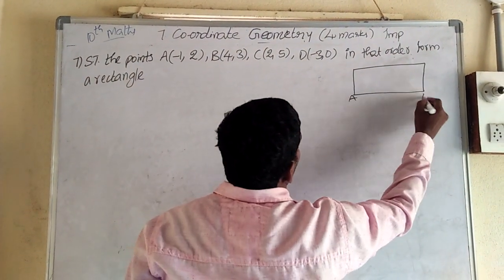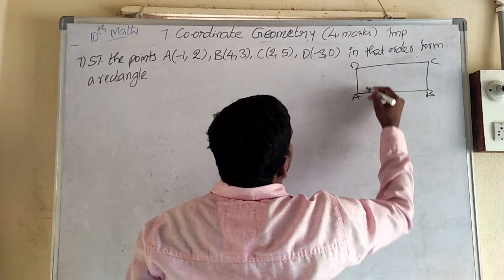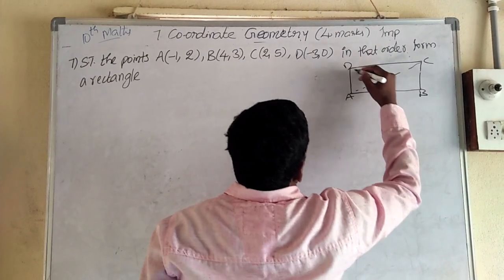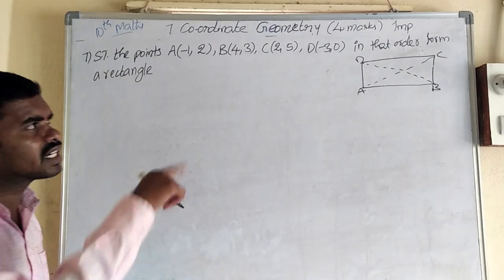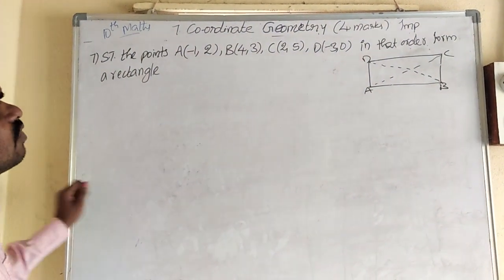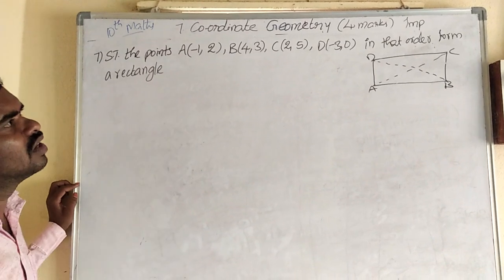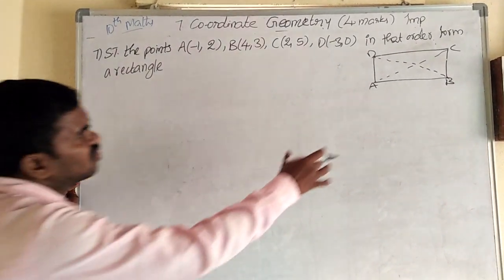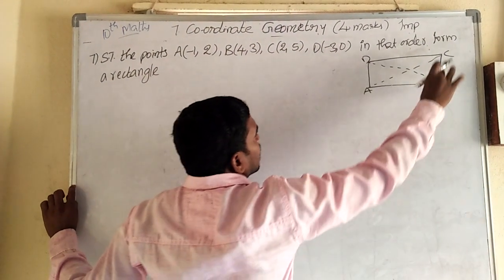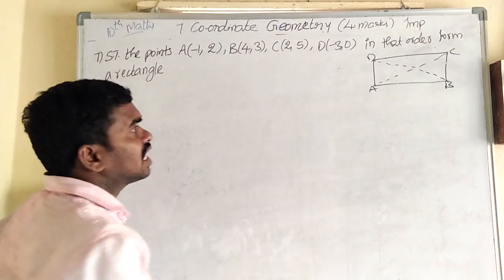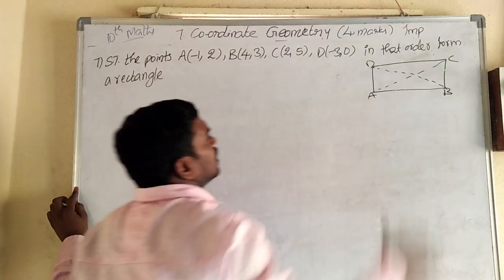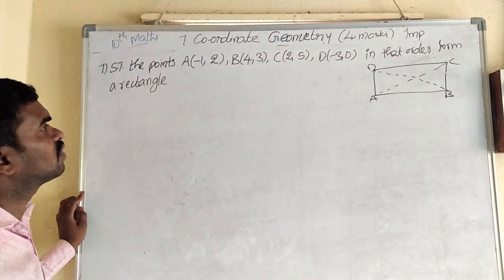Opposite sides are equal and diagonals are also equal. If you prove that statement, then we can say that the vertices form a rectangle. So find out first AB distance, BC distance, CD distance and AD distance, and also AC and BD. So 6 distances we have to find.